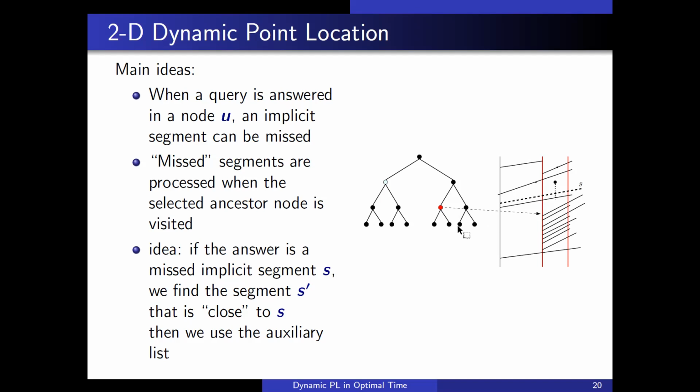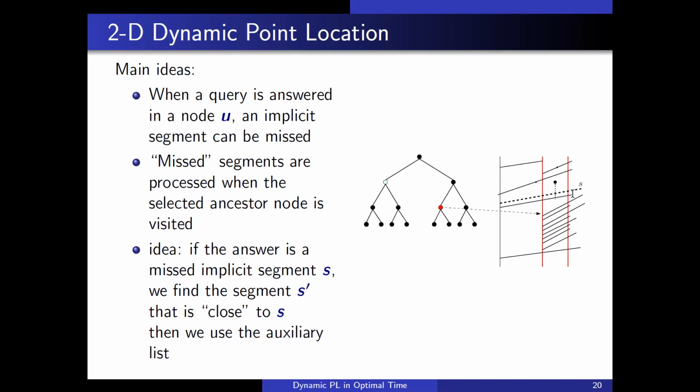But it turns out that if I miss the segment S, then my query found some other segment S prime where this vertical ray shooting has stopped and hit the segment.